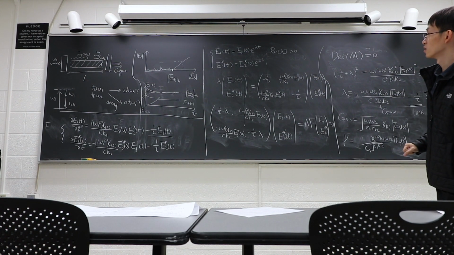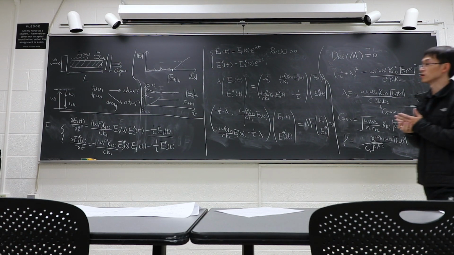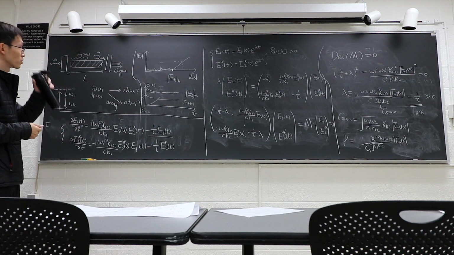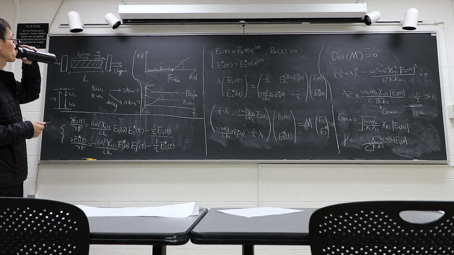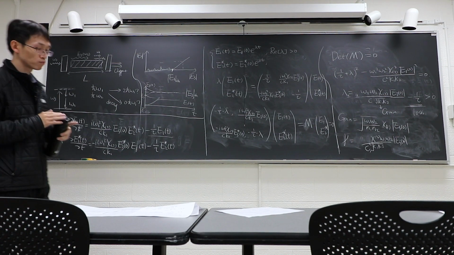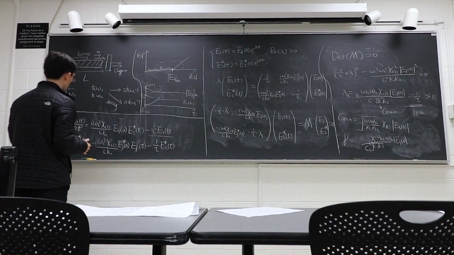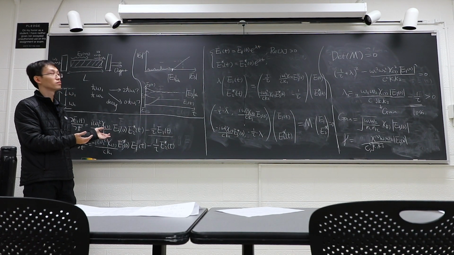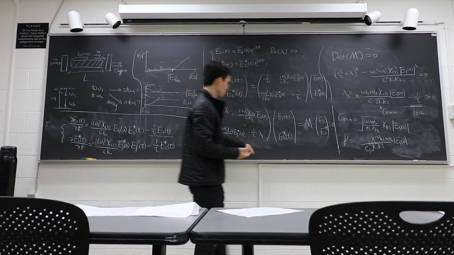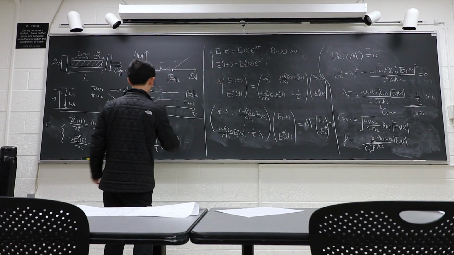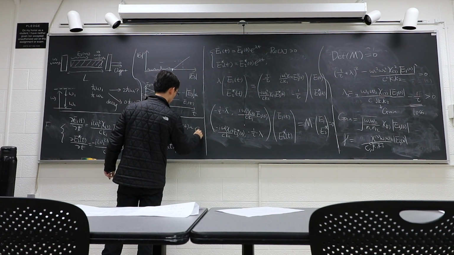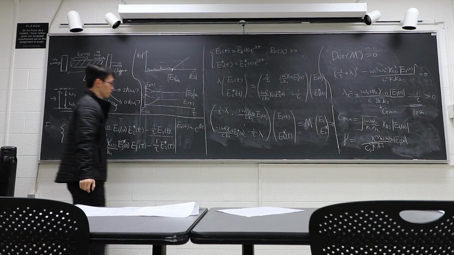Okay, and the third method, I didn't put it in the note. For the third method, sometimes people also use that. Previously we actually derived U1 and U2, the solution of U1 and U2. So, for example, we know E1(z) is proportional to, right?